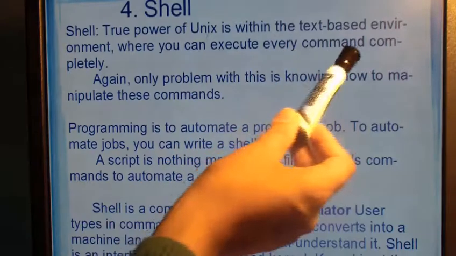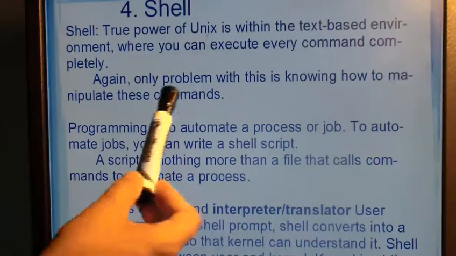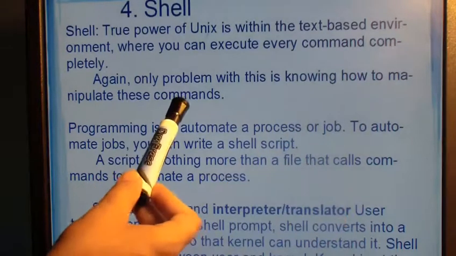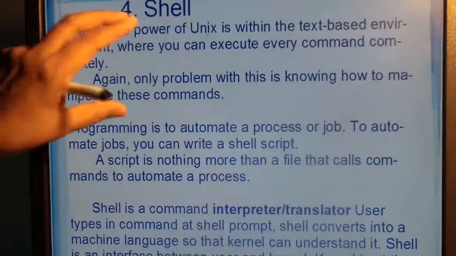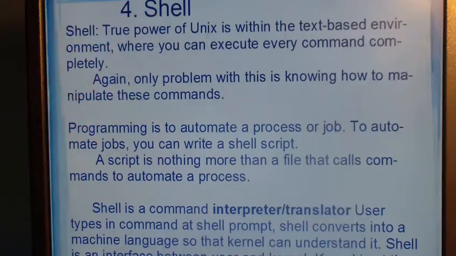Again, the only problem with this is knowing how to manipulate these commands. This shell is like, if you have, let me quickly exit from here. No, not this.